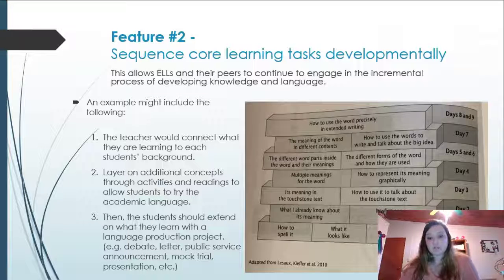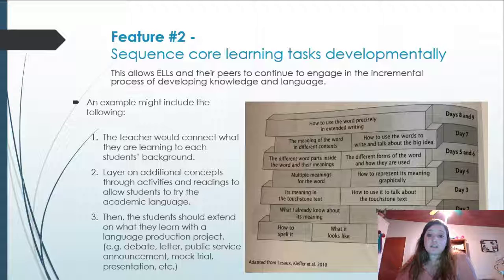And then the picture I took from the book as well, just because it was from Ms. Parkin's classroom. So in another example, when she's teaching vocabulary words to the class, on day 1, she talks about the vocabulary word, how to spell it, what it looks like, what it sounds like. Day 2, they talk about what they already know about its meaning and its dictionary definition.